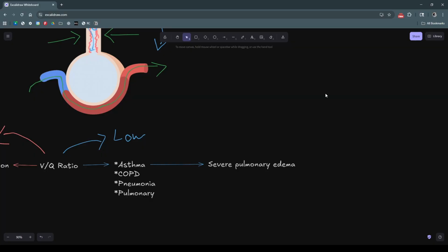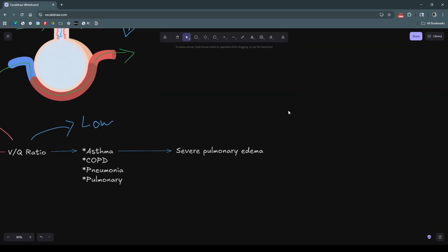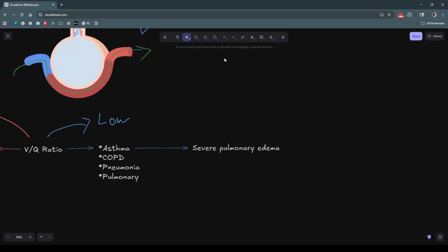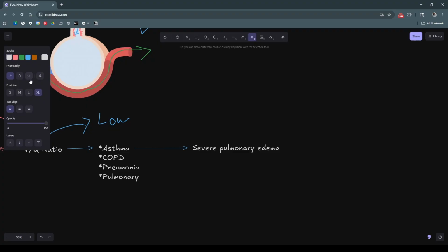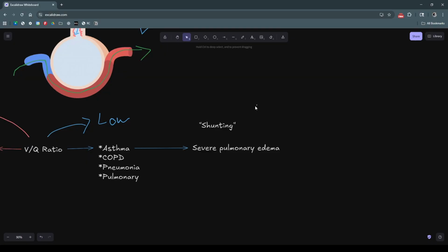That's true, but it's actually referred to in an entirely new description called shunting. I guess we can kind of think of it like, if it gets bad enough, it gets its own name. In a certain sense, that's how we refer to shock. We'd say, well, you're in compensated shock. But once it becomes hypotension, we are definitively in a decompensated shock state.